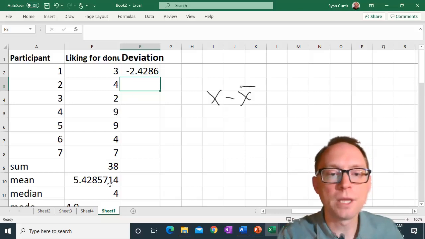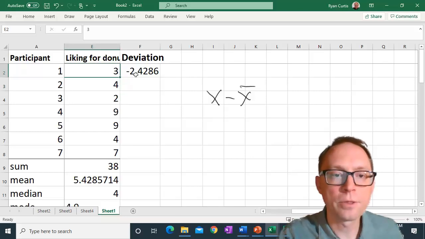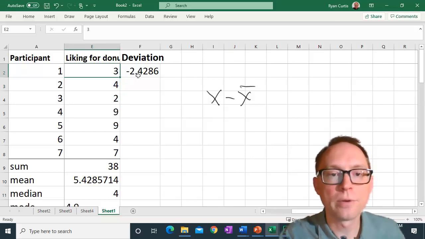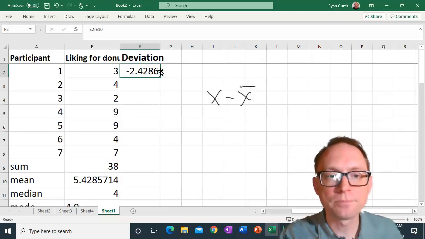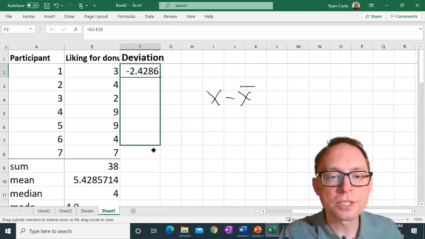What does that mean? Well, that means that a 3 is negative 2.43 liking units below the average, which is 5.43. Okay? Now, let's get everybody's deviations.